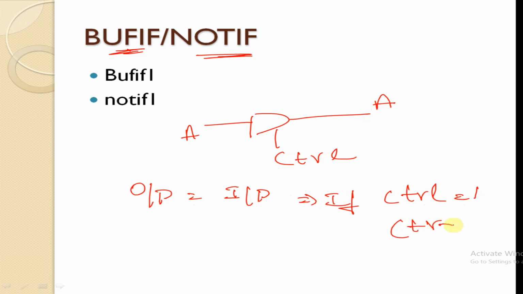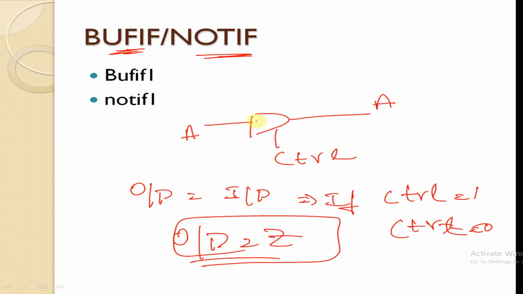If control is equal to 0, then the output is equal to high impedance. So this is the bufif gate. In the bufif gate, we have one extra input as a control signal. Only if the control signal is 1, then the input will be passed to the output. And if the control signal is 0, then the output will be at high impedance.